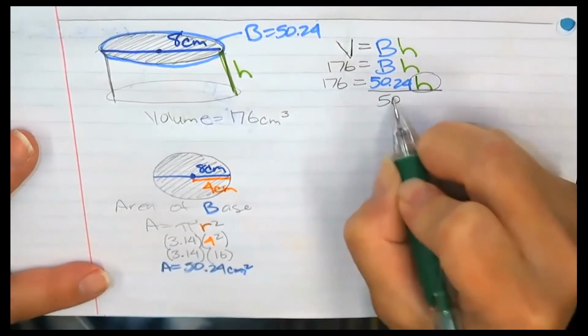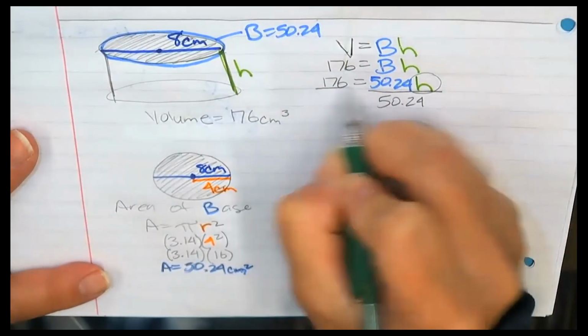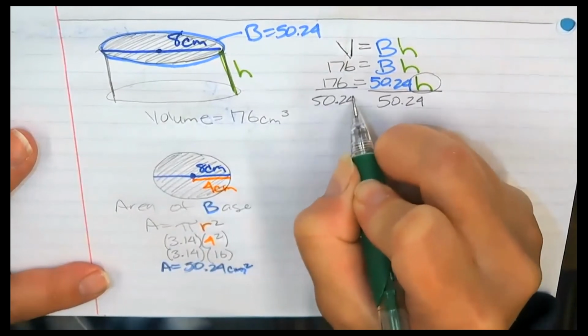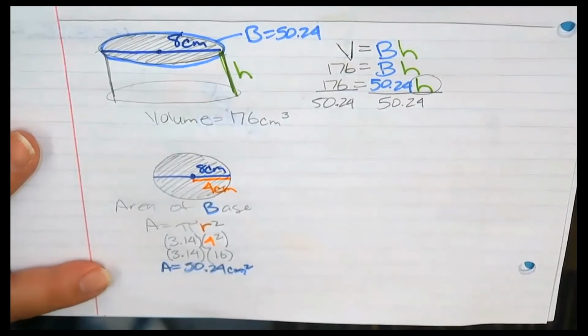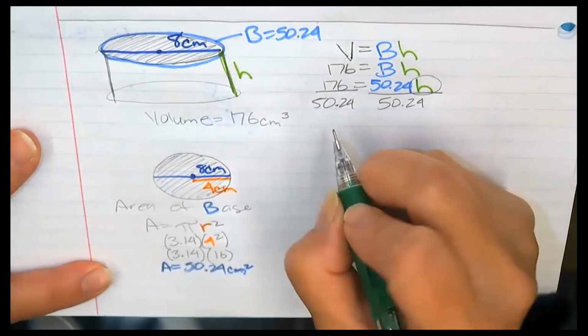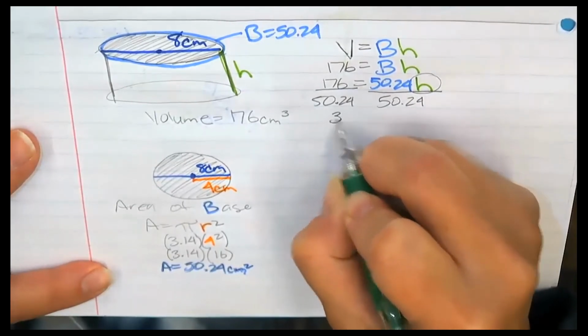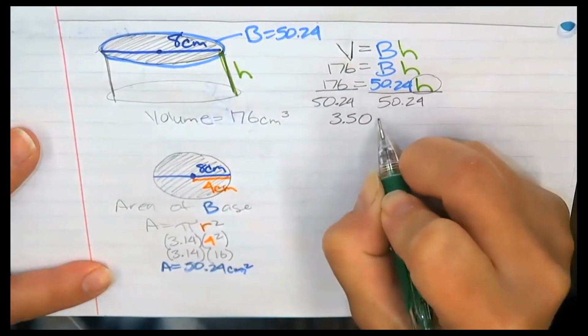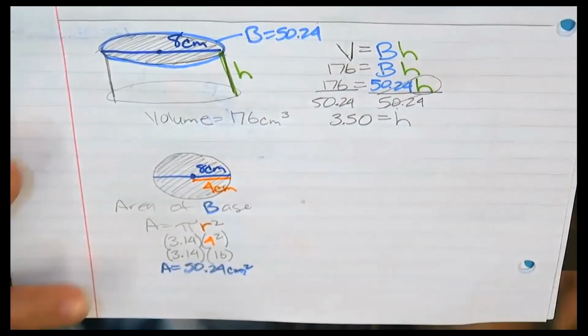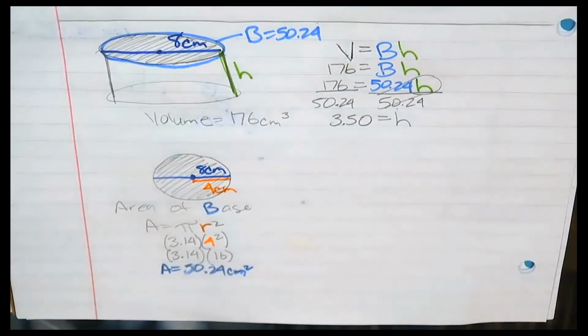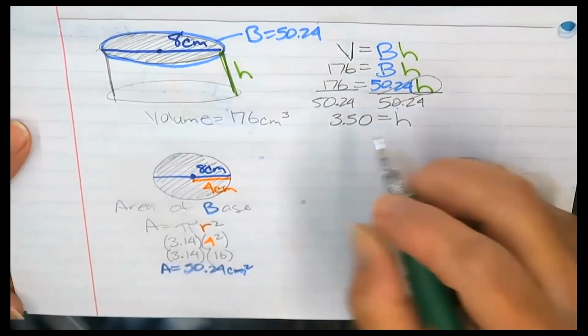So I'm going to divide this side by 50.24, and I'm going to divide this side by 50.24. And this here is a handy dandy calculator problem. 176 divided by 50.24, and I can see it equals 3.50. These guys cancel. That's my height. So my height is 3.50 centimeters.